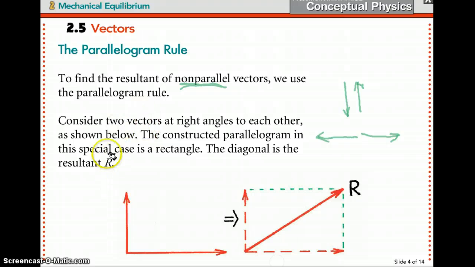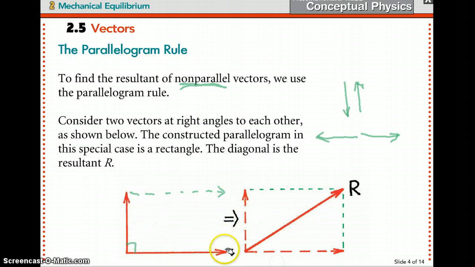So if you guys will consider with me, there's two vectors at right angles. Down here we have a 90-degree angle to each other. If we construct a parallelogram, you can see the picture over here, what we did was we translated, or slid, this vector up so it touched the tip of this one. Okay, try to get this so it's not too sloppy. We translated it up, and we did the same thing with the second one.